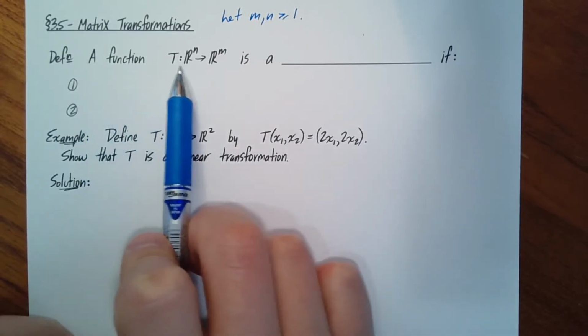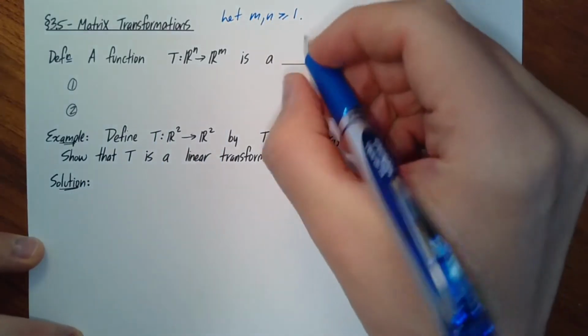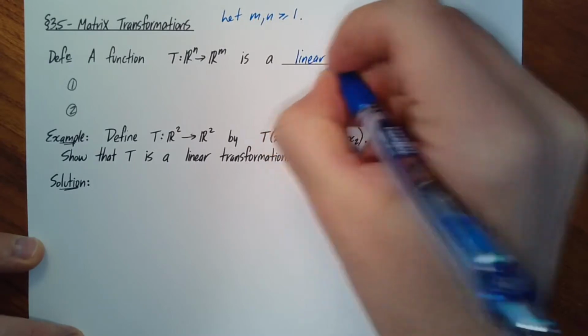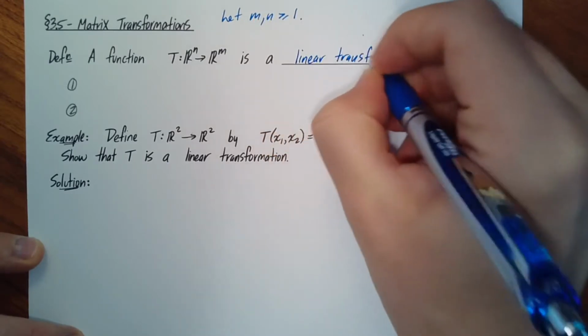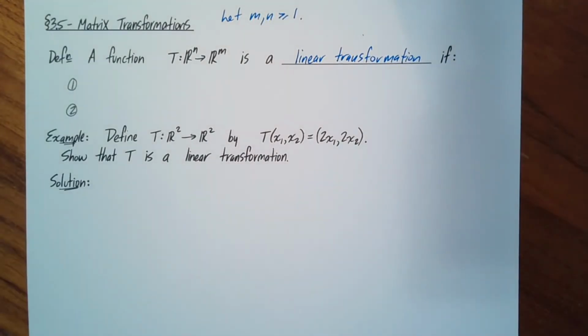A function T that goes from R^n to R^m is called a linear transformation if the following two conditions hold.